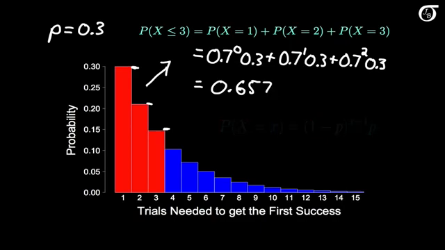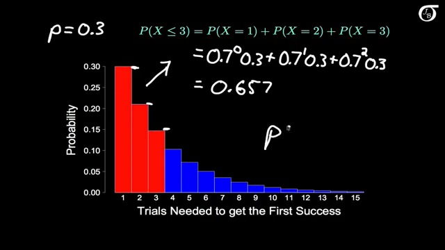That's a correct way of going about answering this question, but it would become cumbersome if we had to calculate a large number of probabilities. Fortunately, for the geometric distribution, there is an easier way. Let's develop the cumulative distribution function for the geometric distribution using some logic and basic probability rules.